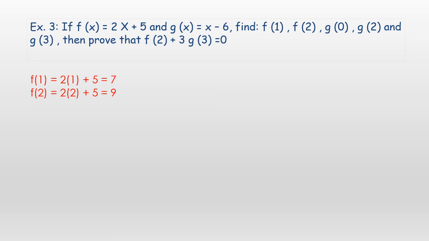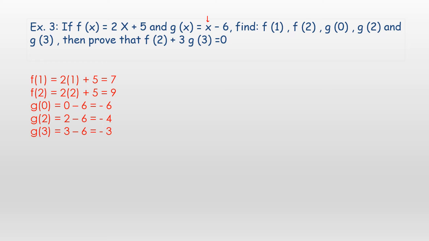The function f of 2: substituting 2 for x, 2 times 2 is 4, plus 5 is 9. g of 0: substituting 0 in g of x, 0 minus 6 is negative 6. g of 2: substituting x with 2, 2 minus 6 is negative 4. And g of 3: substituting 3, 3 minus 6 is negative 3.